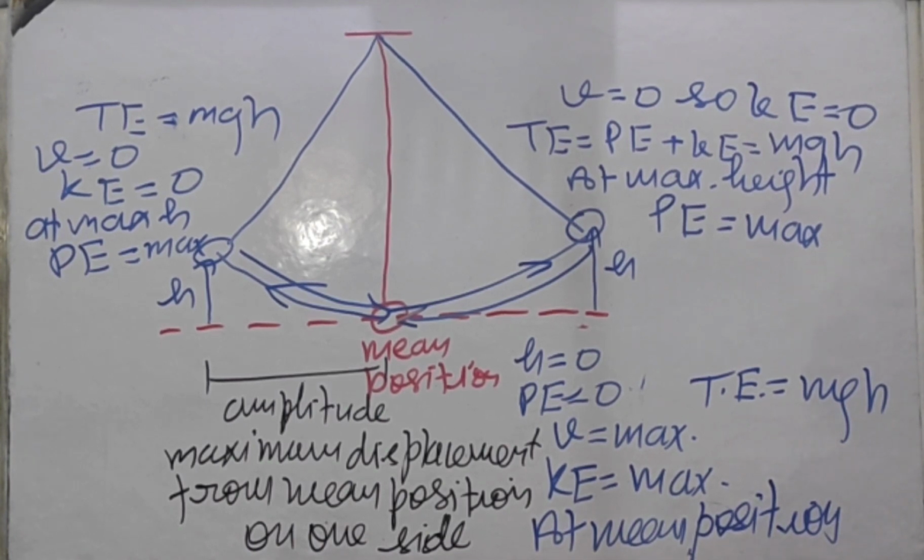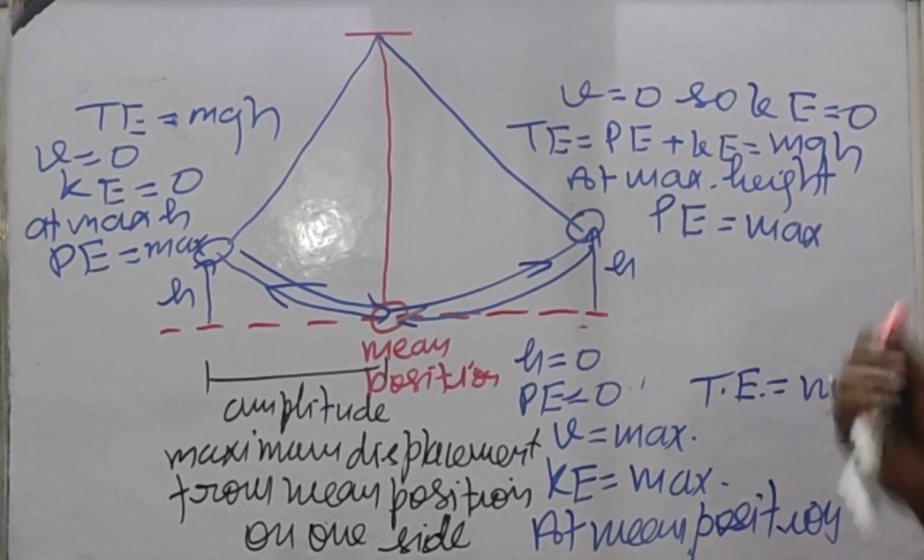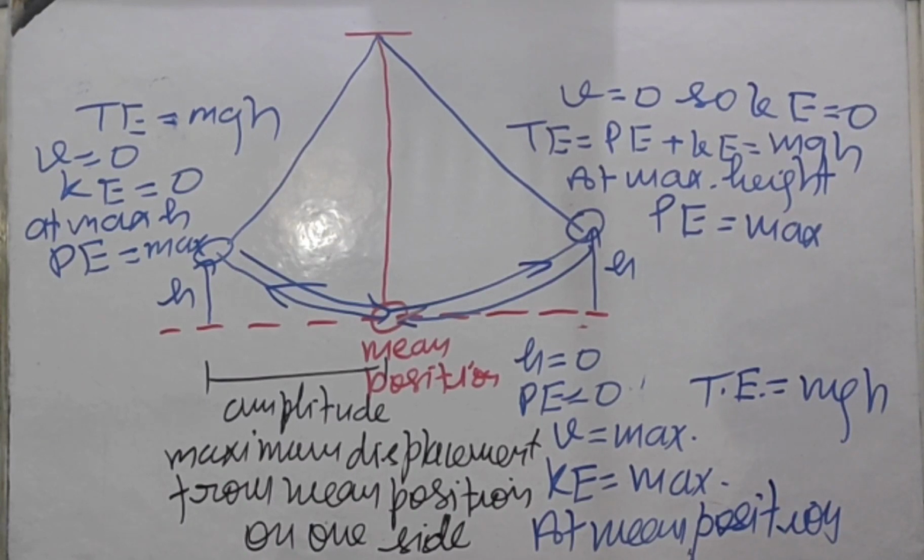So during completing one oscillation, at every point total energy remains the same. At the point of highest displacement, maximum displacement, height is maximum, so potential energy is maximum, and velocity is 0, so kinetic energy is 0, so their sum is equal to mgh, right?